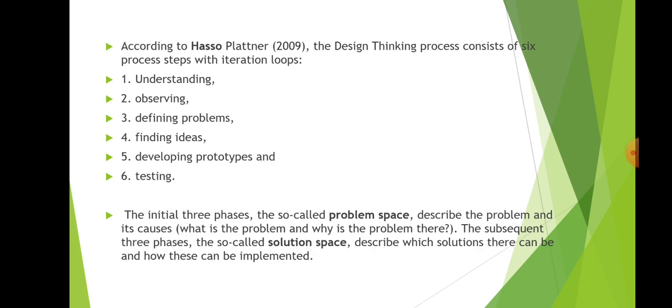The initial 3 phases, the so-called problem space, describe the problem and its causes. What is the problem and why is it the problem there? And subsequent 3 phases, the so-called solution space, describe which solutions there can be and how these can be implemented.